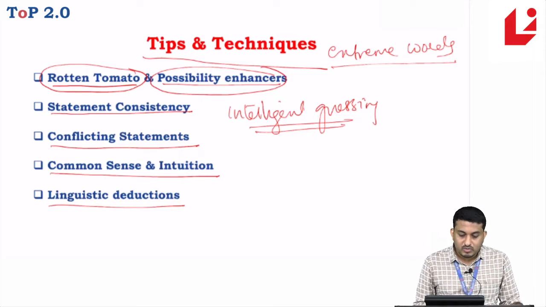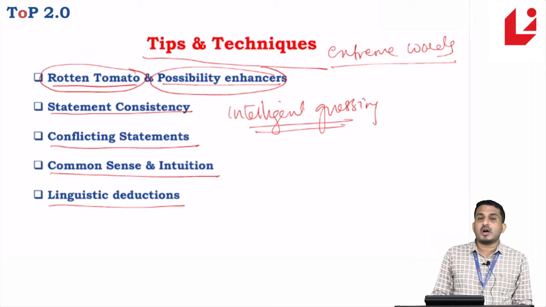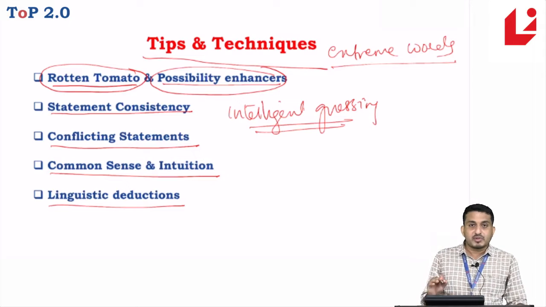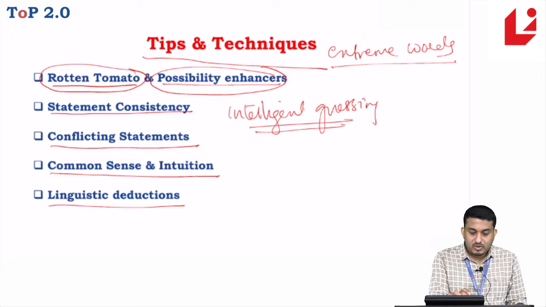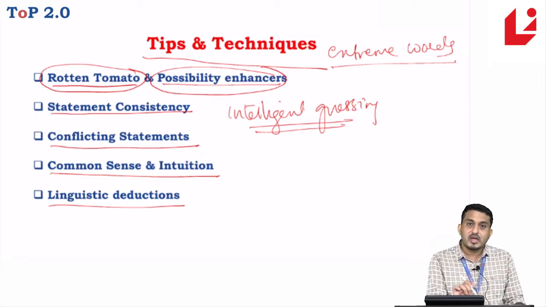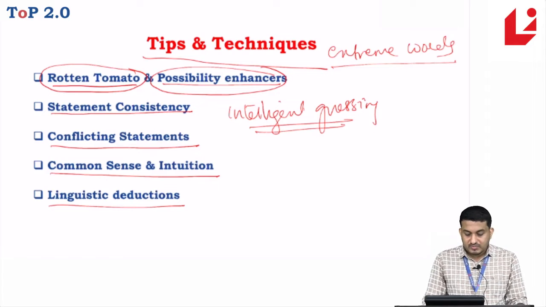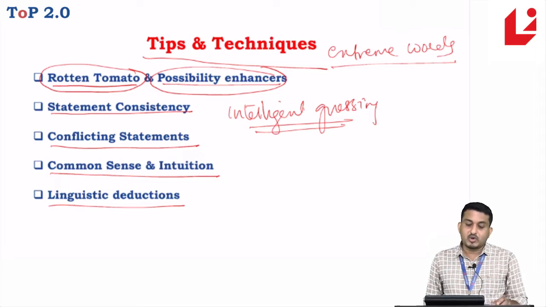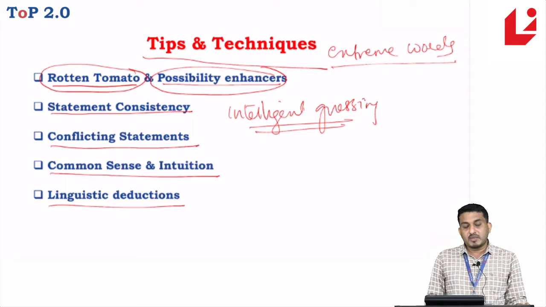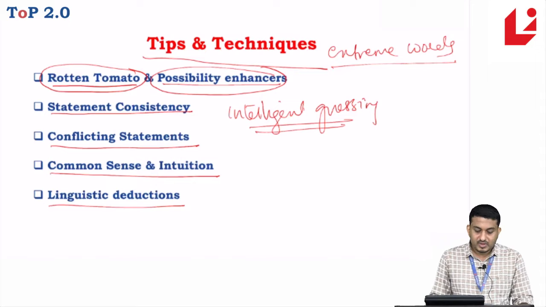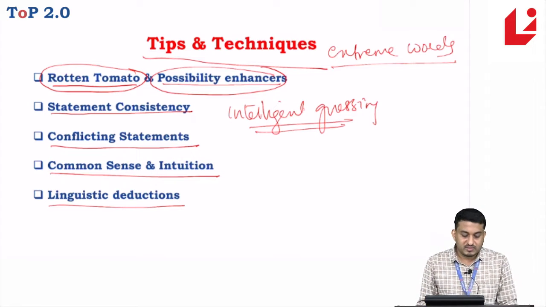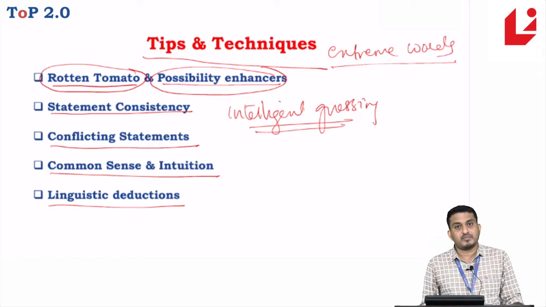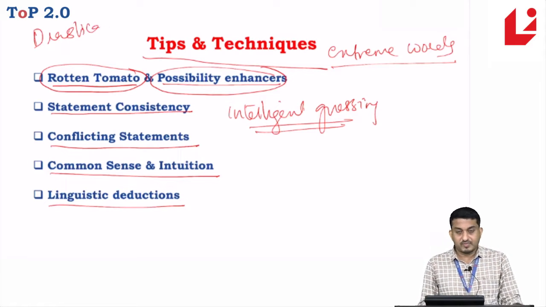Now what is this rotten tomato? Rotten tomatoes are the extreme words used by the examiner to make a statement completely wrong. We call them extreme words and we call them rotten tomatoes. Getting it? To avoid controversies, the examiner uses words such as drastically, enormously, completely, all.